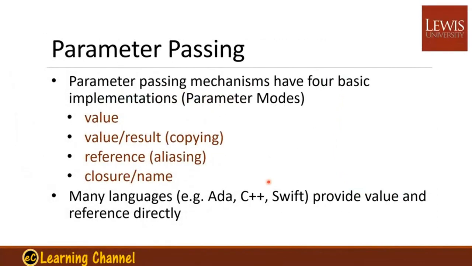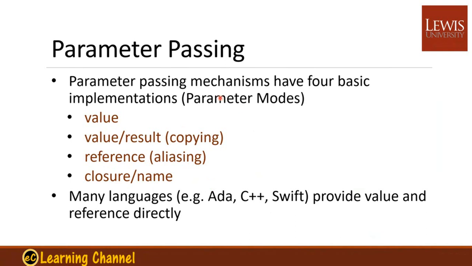And then the parameter passing mechanism has four basic implementations: value, result by copying, reference by aliasing, closure, and name. Four different passing modes. C language is passed by value, Java is passed by value, and then we may have call by reference, call by name or call by value result.